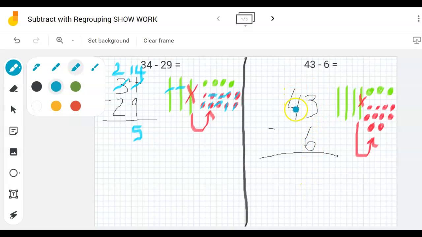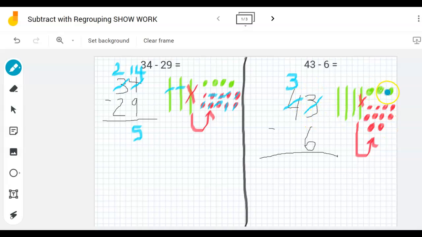We need to go next door to the tens place. I had 4 tens, right? And I took one of them. So how many are left? There's 3 tens left. Now what I'm going to do is take that 10 over here to the ones place, and I'm going to add it to the number that's here. So 3 plus 10 is 13. Let's count our ones and make sure we got 10, 11, 12, 13.